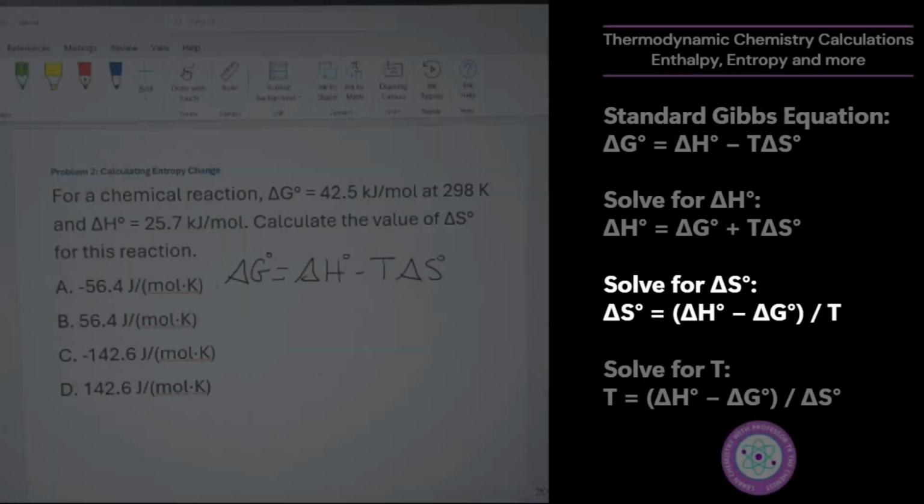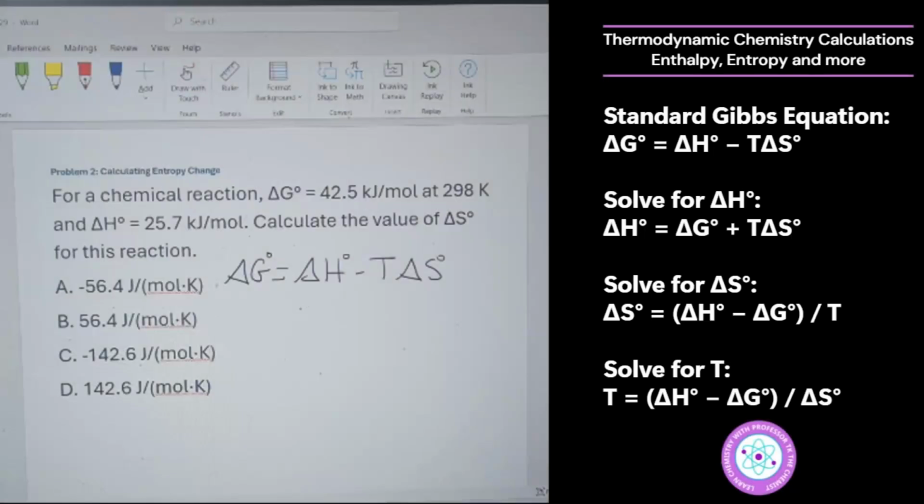And so now, I'm going to go ahead and rearrange this formula, where I'm going to pull delta H to the other side.